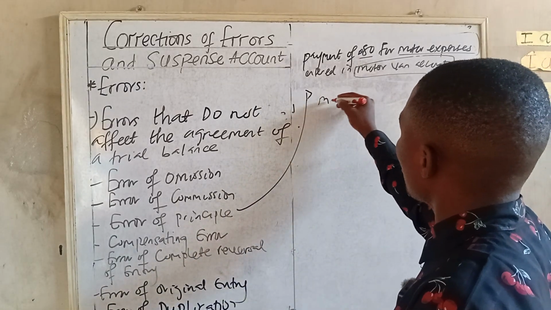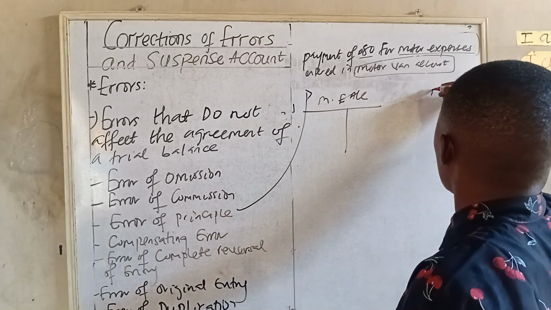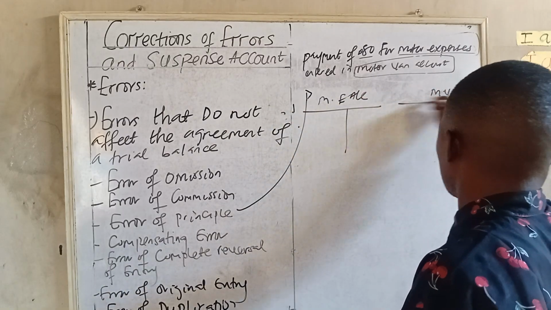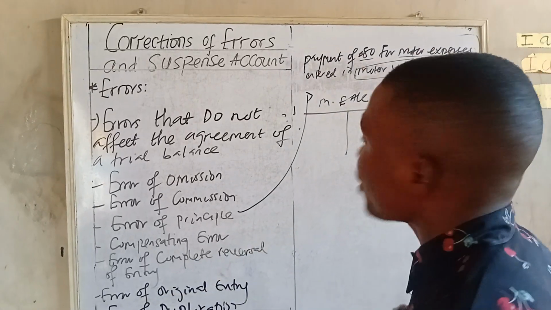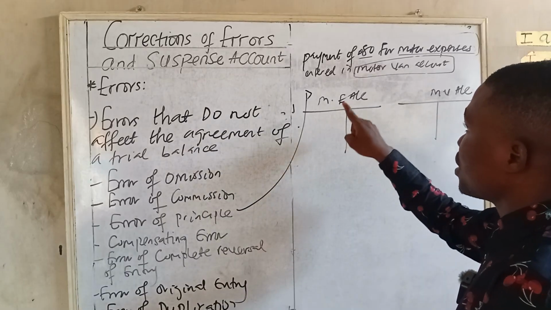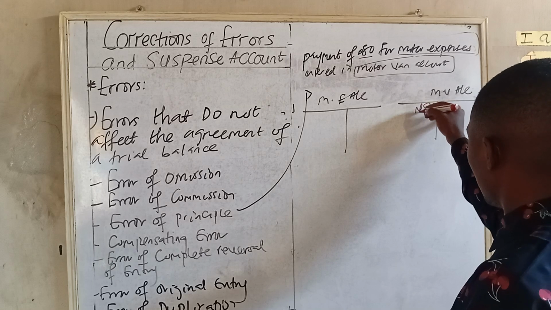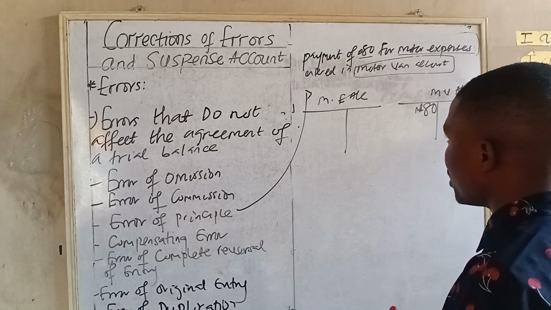We say motor expenses account. We open motor van account here now. We mistakenly record this 80 naira under motor van instead of under motor expenses account. So automatically it has 80 naira here already.